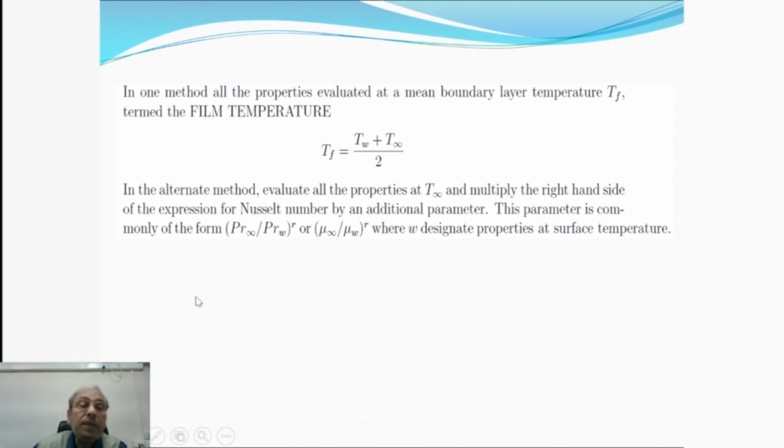This parameter is commonly of the form (Pr infinity / Pr w) to the power r, or (mu infinity / mu w) to the power r, where infinity means properties are evaluated at the free stream temperature, and w designates properties evaluated at the wall surface temperature.